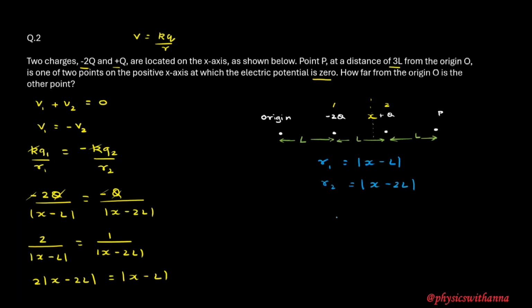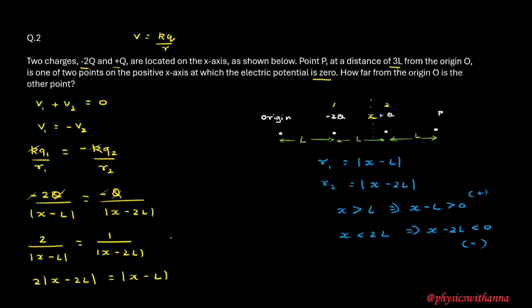So X is definitely greater than L because 2Q lies at a position of L. That means X minus L has to be greater than 0. Since it lies in front of plus Q, X has to be smaller than 2L. That means X minus 2L will be less than 0. So I get X minus L to be a positive number, whereas X minus 2L will be a negative number.